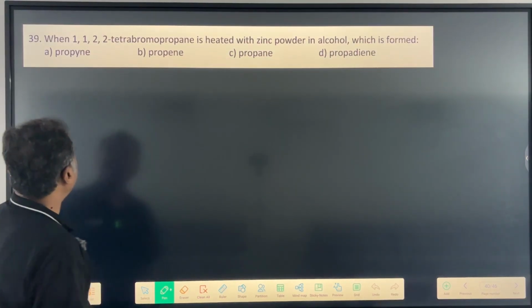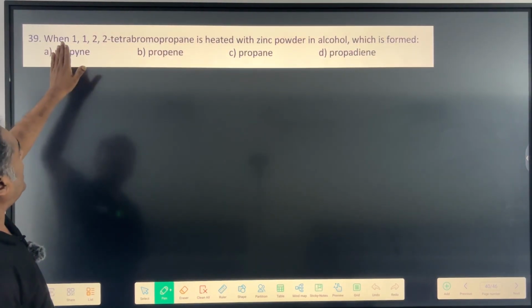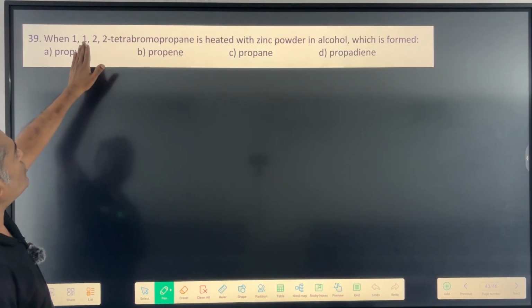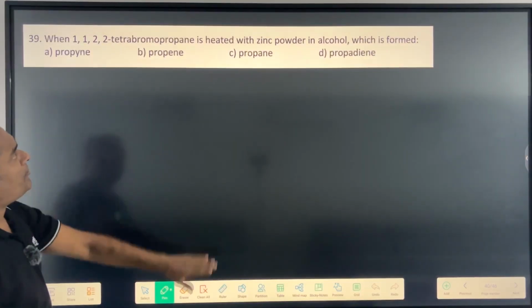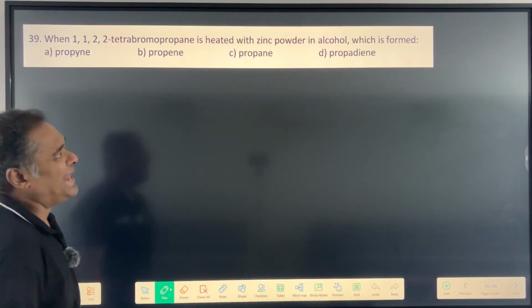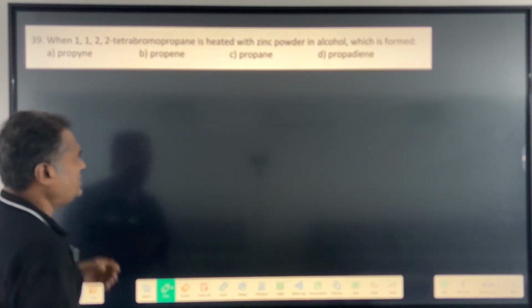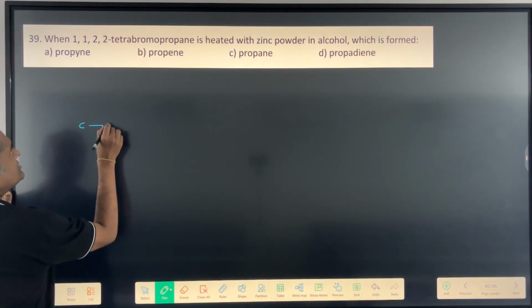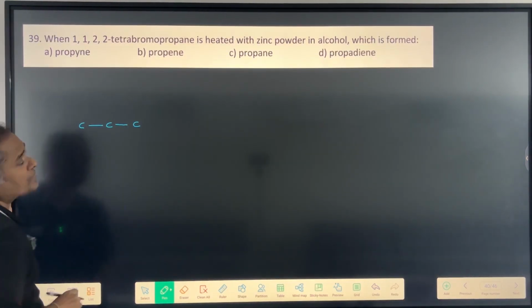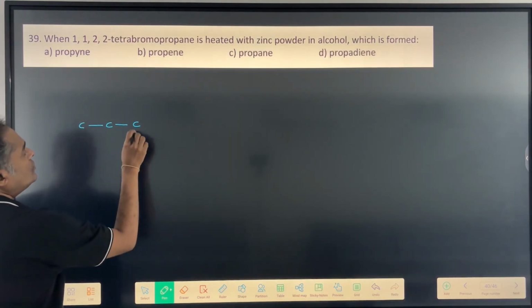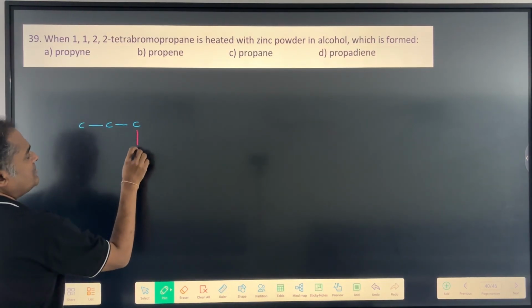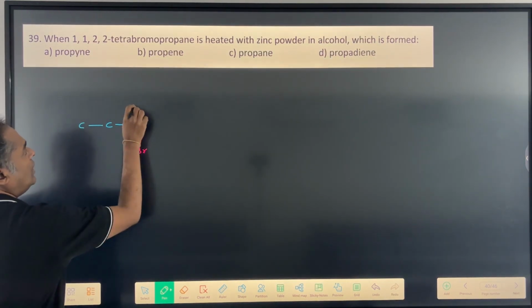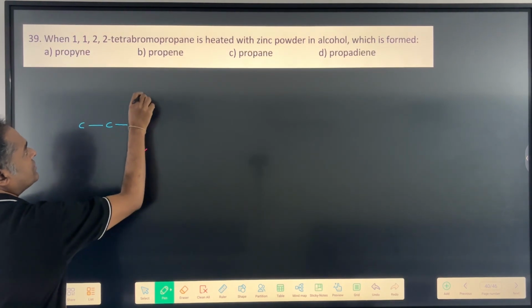What do we have on the screen? When 1,1,2,2-tetrabromopropane is heated with zinc powder in alcohol, which is formed? Now, I think this is one of the very common examples, child. If I have a total of, let's say, 3 carbon atoms, and I have one over here as Br, one as a Br over here.